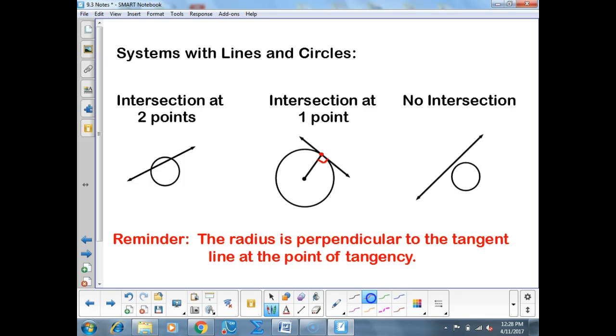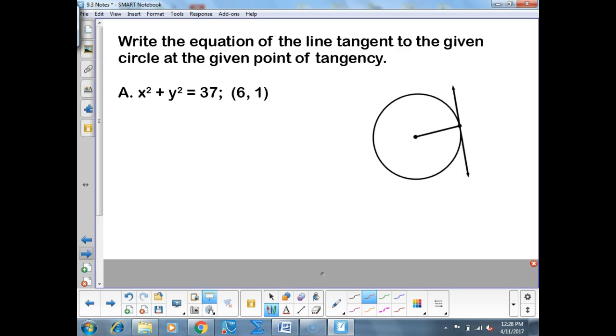We're not going to worry about secant lines. We're not going to worry about non-intersecting lines. We're going to worry about tangent lines. So, write the equation of the line tangent to the given circle at the given point of tangency.